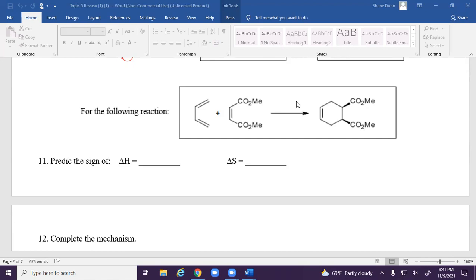Okay, ready? Yep. So knowing nothing else, going from A to B, which one's more stable? B. Why? Because it's a closed ring. More importantly, what type of ring? Benzene.